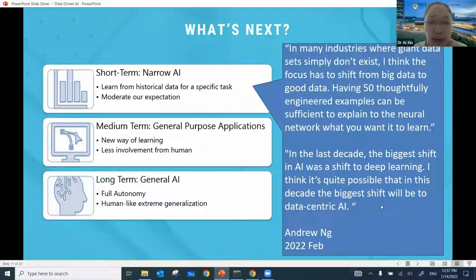Okay, so what he means is for each specific industry, like the manufacturer, healthcare, finance, while you are utilizing AI model, you may not have 1 million images or data.